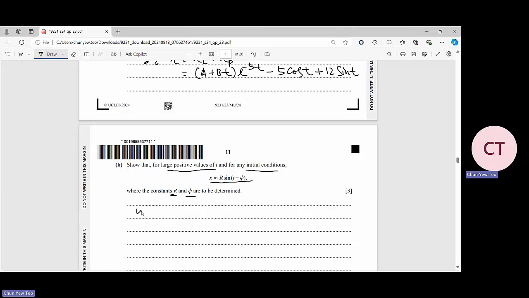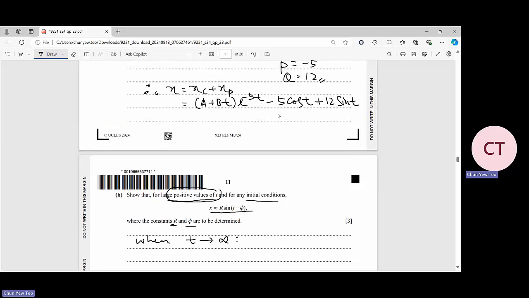So what you need to do is, when they mention large values of t, that means t is approaching infinity. When t is approaching infinity, this value will become 0, approaching 0. Then you're left with only these two. That is the meaning of it.